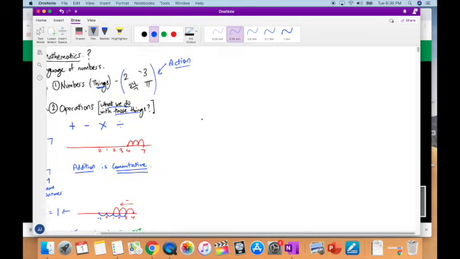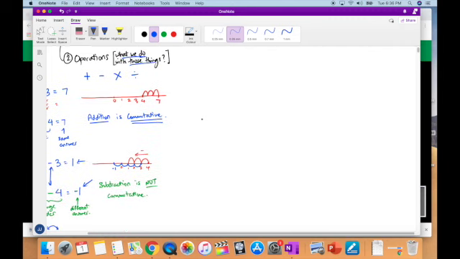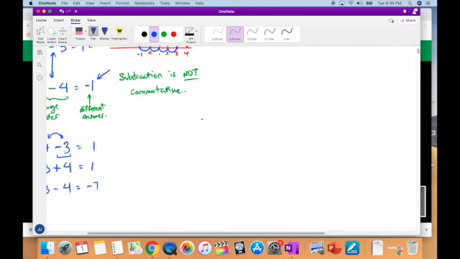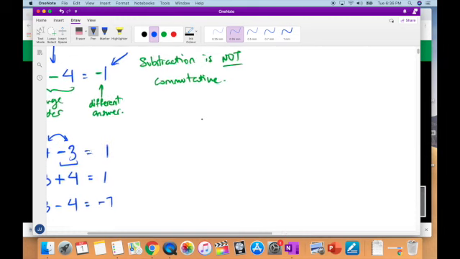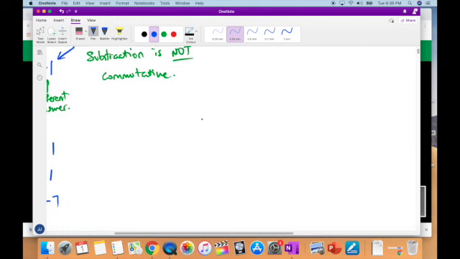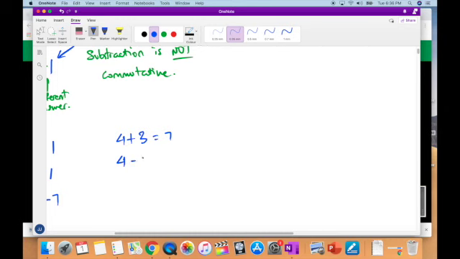Alright, so we can see here that we have many examples. Let me see. Where are some of the examples we were dealing with? 4 plus 3 equals 7. 4 minus 3 equals 1. -3 plus 4 also equals 1.